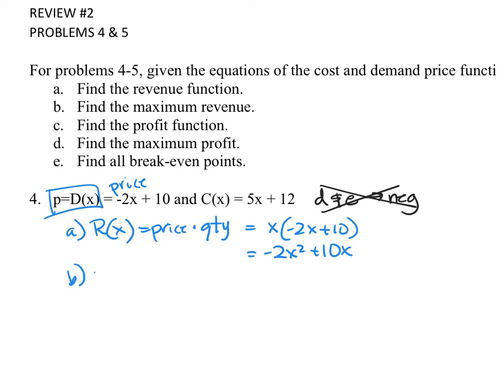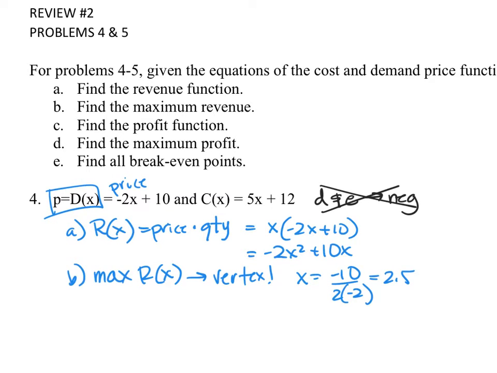So for letter B, it asks us to find the maximum revenue. We need to find the vertex. And how do we do that? We do negative b over 2a, and in this particular case, that would give us 2.5.